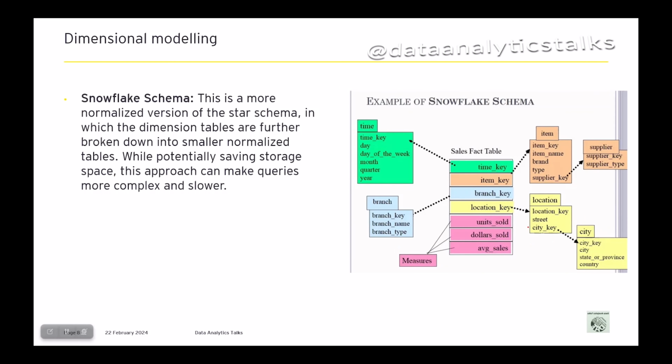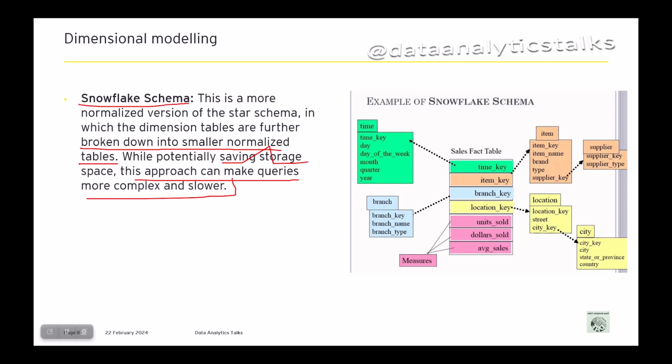So what is the snowflake schema? This is a more normalized version of a star schema, in which the dimension tables are further broken down into smaller normalized tables. While potentially saving storage space, this approach can make queries more complex and slower.